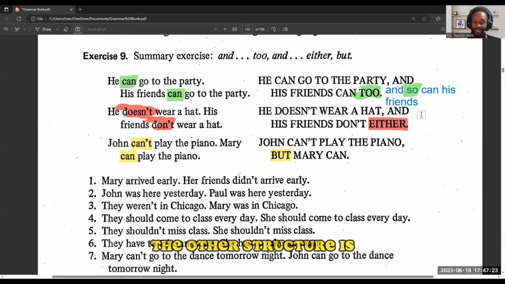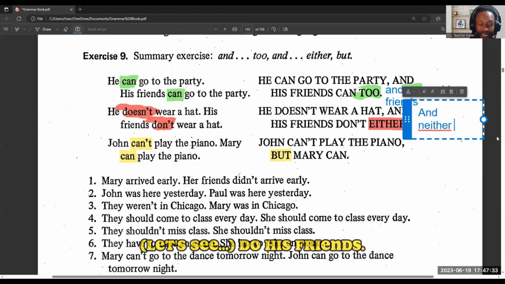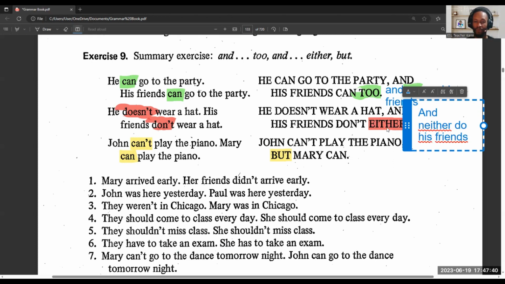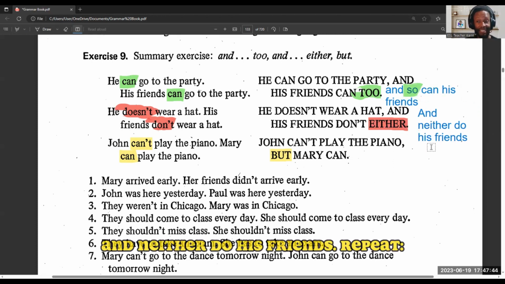The other structure is and neither, let's see, do his friends. So he doesn't wear a hat and neither do his friends. Repeat.